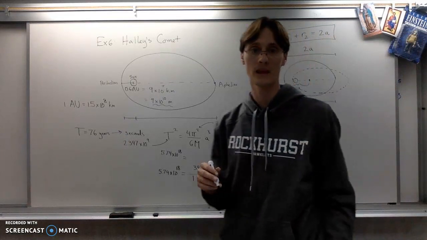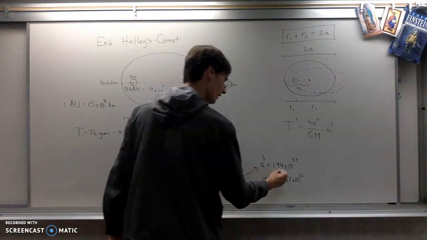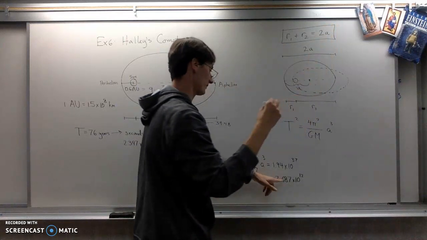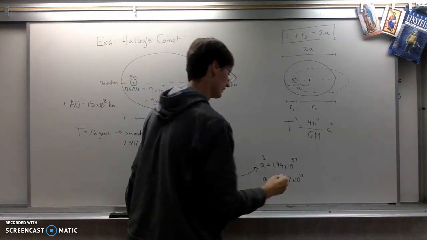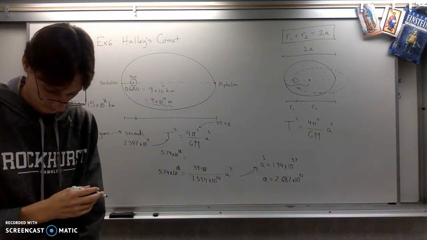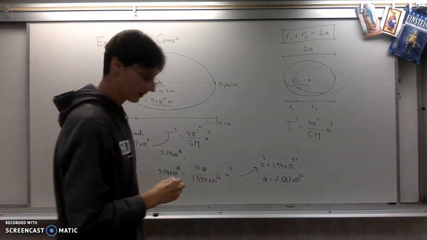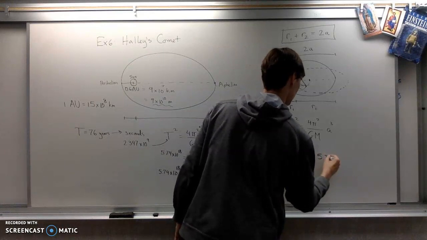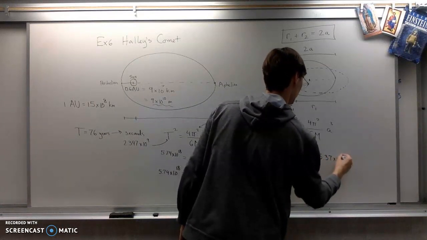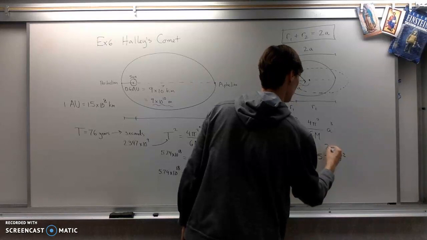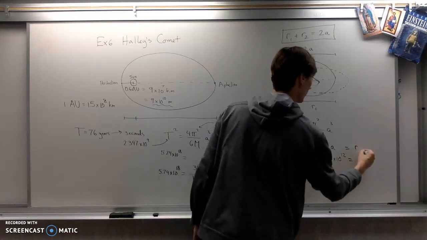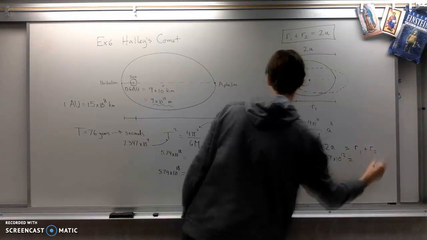All right, great. Now, if we then take all that, put it in here, 2 times this, that's 5.37-ish times 10 to the 12th. That's our 2a, equals R1 plus R2.